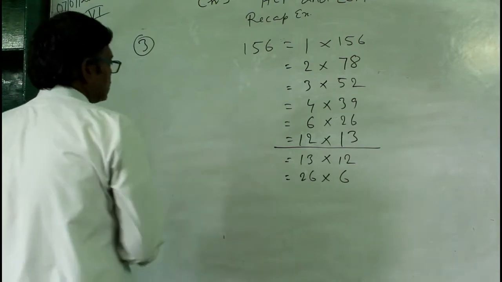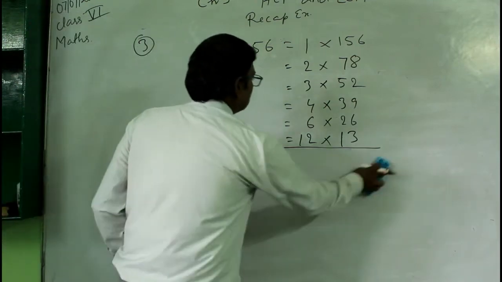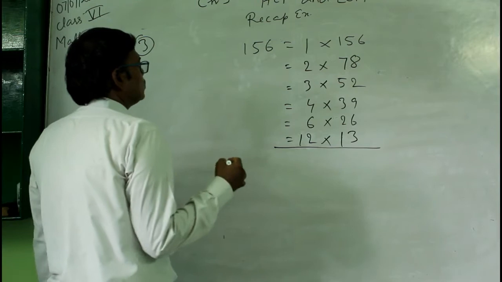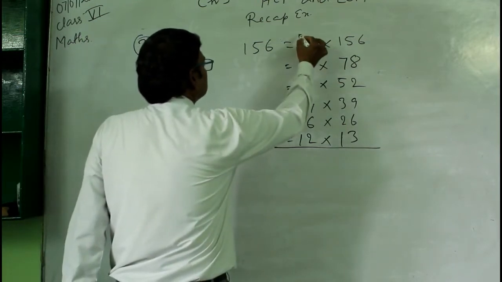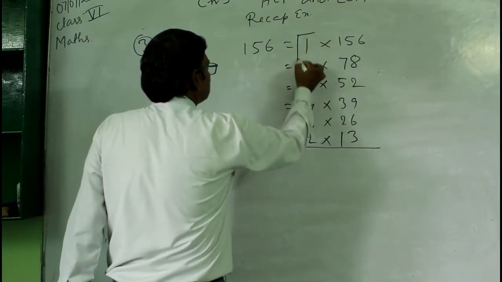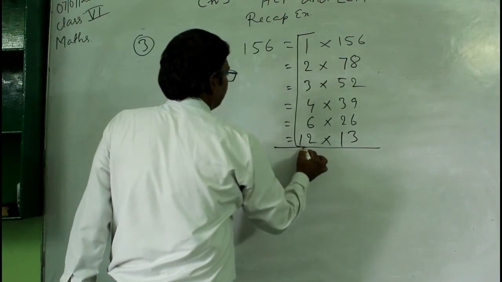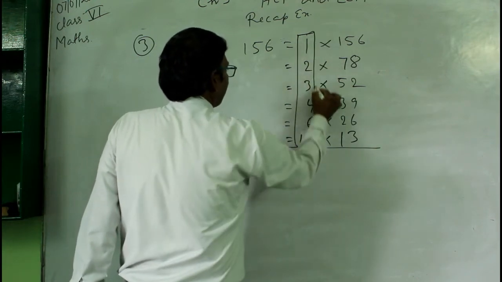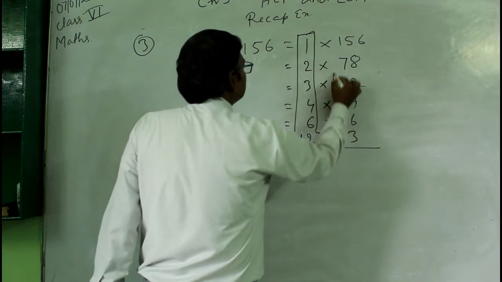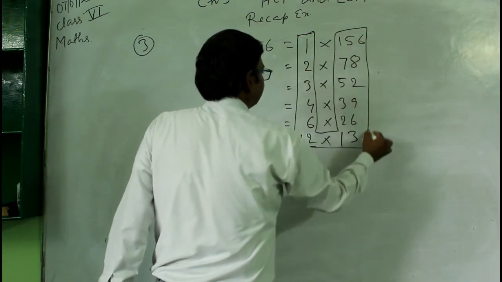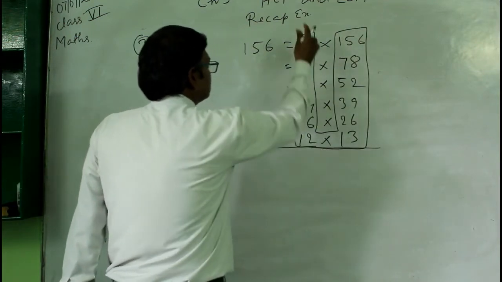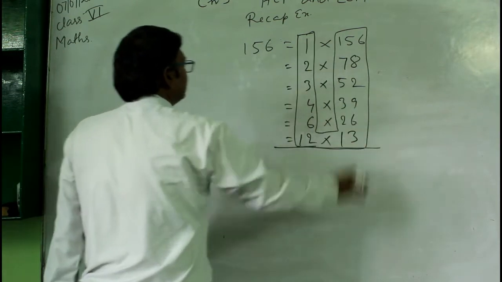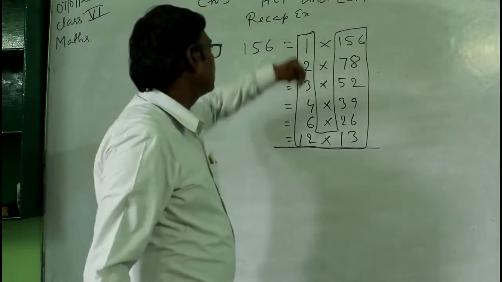Now you can see the factors of 156. From this you will start here, then here and this. See that, all these in this figure are the factors of 156.